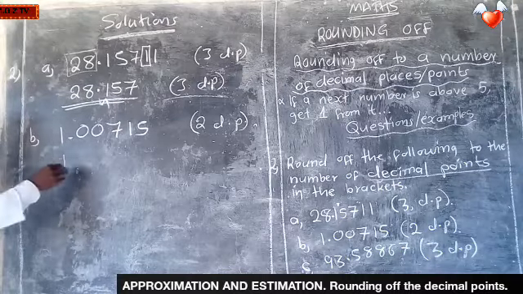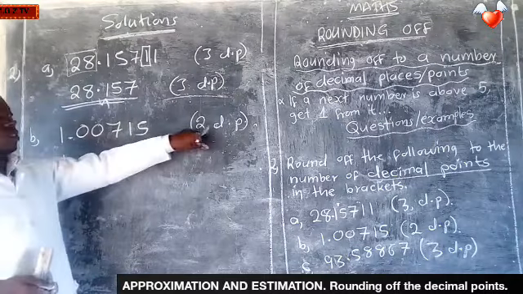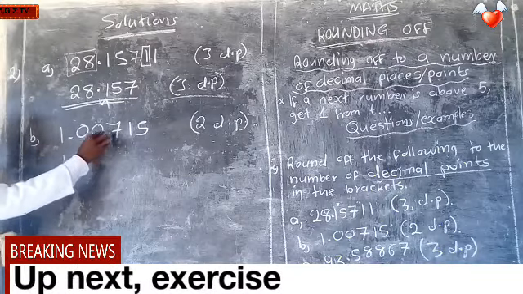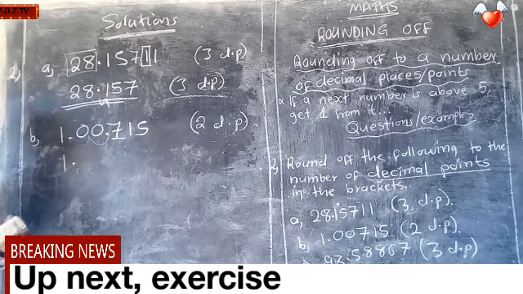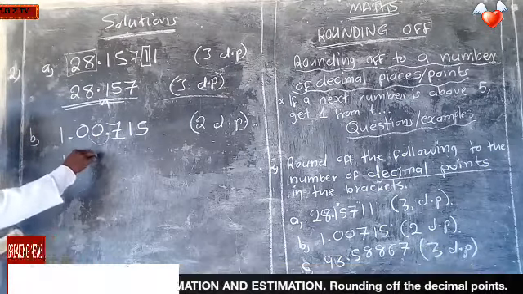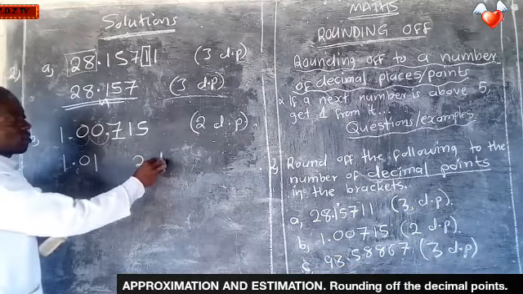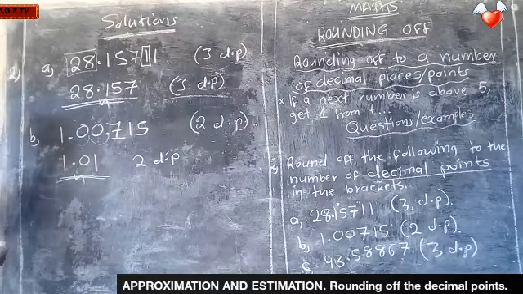Don't change it. Then put a point. To 2 decimal places, I move from here 1, 2. The next number is 7. So get 1 from it, add it to 0. We're going to have 0, 1. To 2 decimal places, and I end.